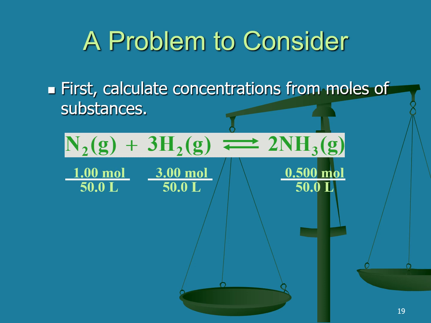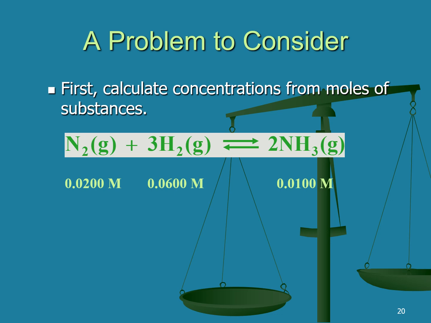So we need to find the concentration; we need to divide by 50. We have to do this before anything else, because they won't necessarily cancel. So that means we have 0.0200 molar N2, 0.0600 molar H2, and 0.0100 molar NH3.